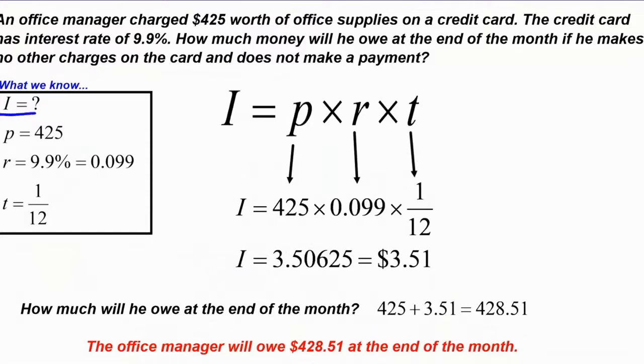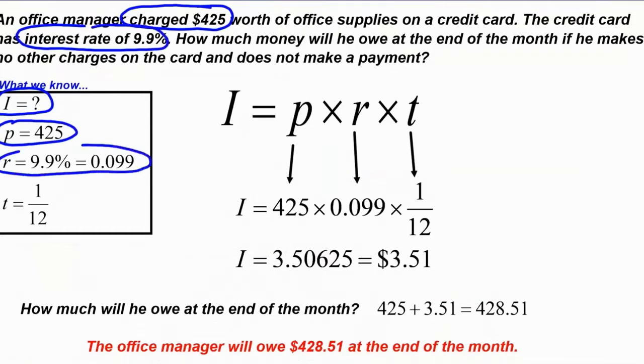So I don't know how much interest we have. That's the question mark. The original charge on the credit card is our principal. That's the $425. And the credit card has an interest rate of 9.9%, which is 0.099 as a decimal.